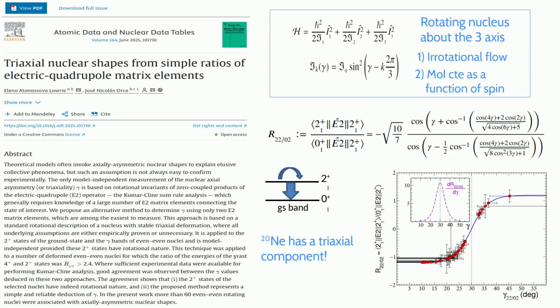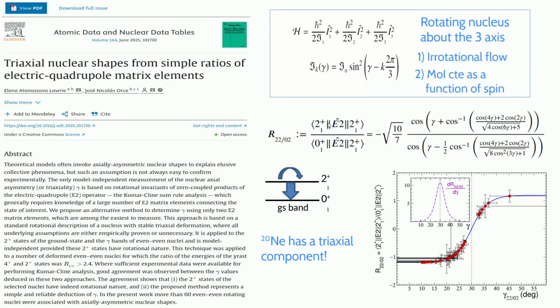And actually this calculation, this ratio here, although it looks very different to the one by Davydov and Filippov, they're actually the same. The two models agree with each other from different perspectives, right? But what we can see here is that from these ratios, we only need two matrix elements.